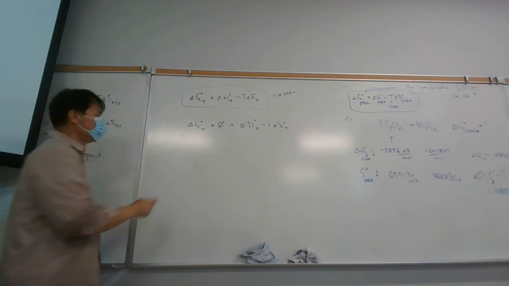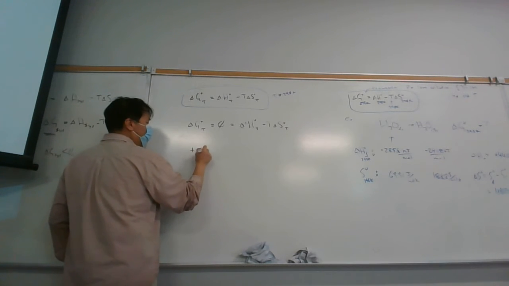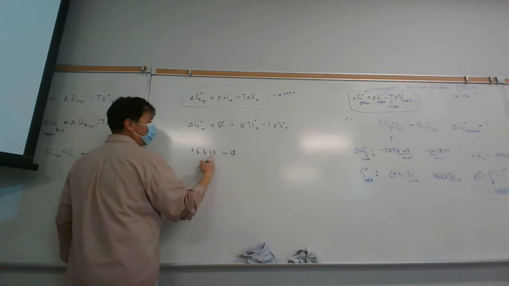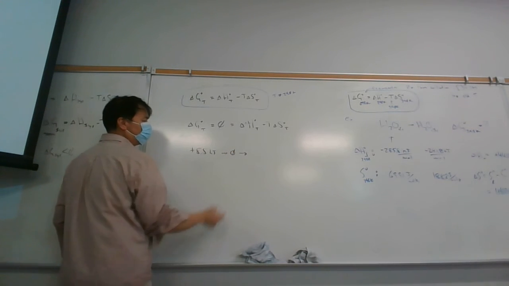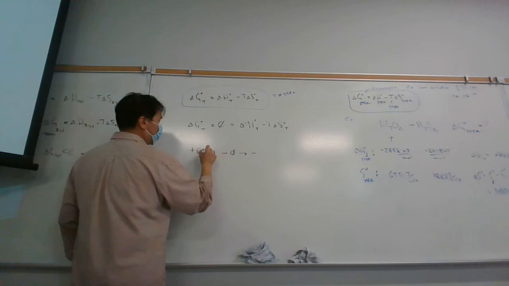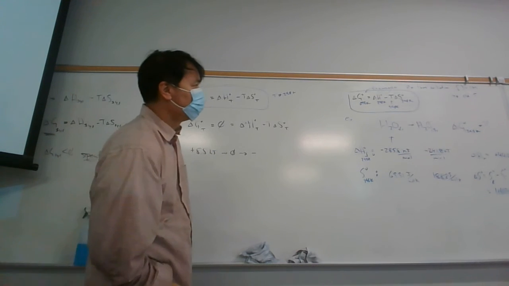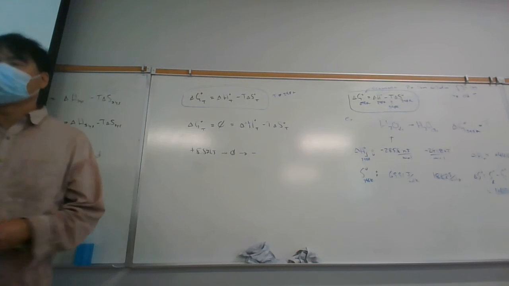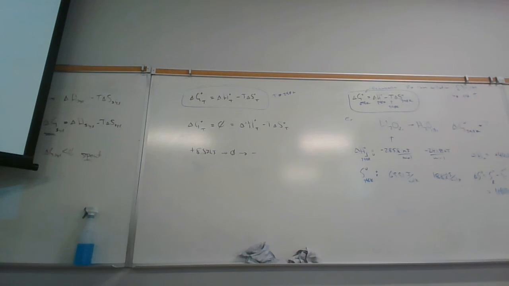So we need to go from plus 8.5 to negative. The transition point is 0, because when you're below 0, that's when it goes spontaneous. So we need to go from non-spontaneous to spontaneous.